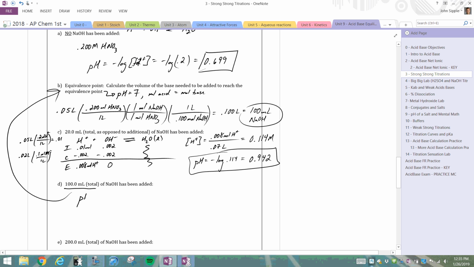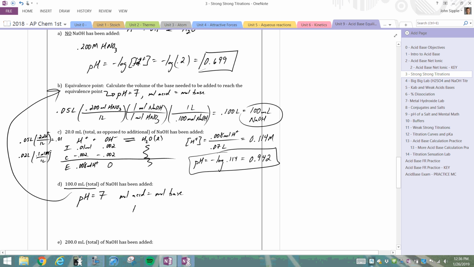So pH at this point is equal to 7, because it's the equivalence point. Moles of acid equal moles of base. So all we got in solution right now is H2O. After 100 milliliters, we've added 0.01 moles of OH. So all we have is water floating around in there.